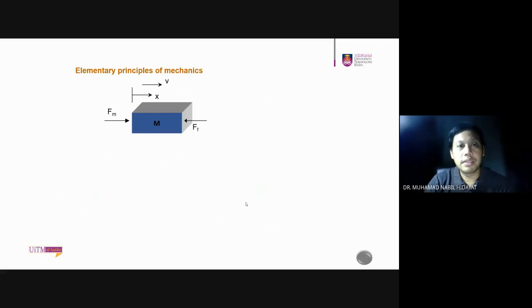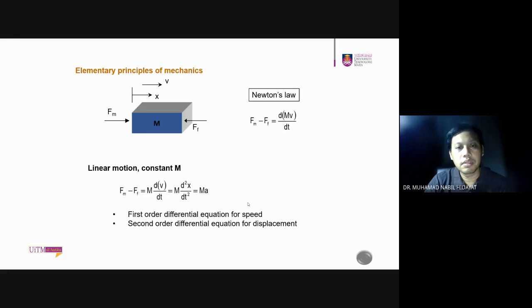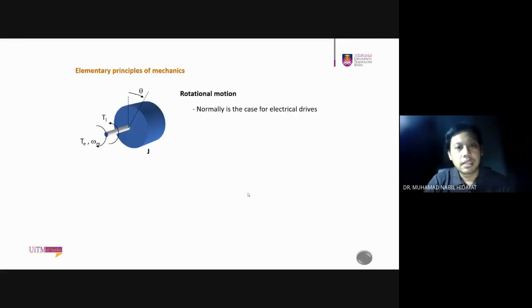Here you have the mechanics. From Newton's law, you have force in the positive direction, and then you have friction in the opposite direction. The first order differential equation is for speed, and the second order differential equation is for displacement. Same thing with rotational motion.